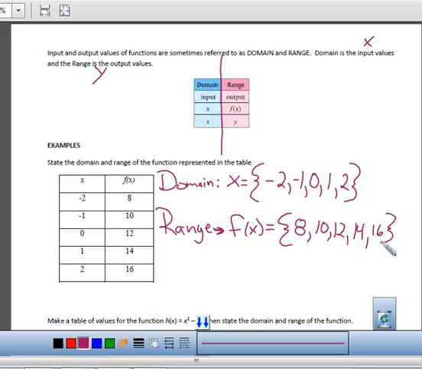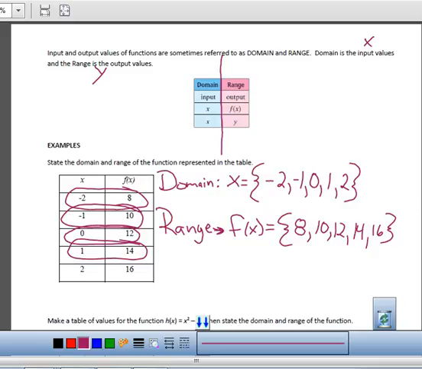Now earlier in this topic, when we talked about naming a set or naming a function, we would name them by their set of ordered pairs or their coordinates. We would list all of these, put them in parentheses, and separate them by commas.